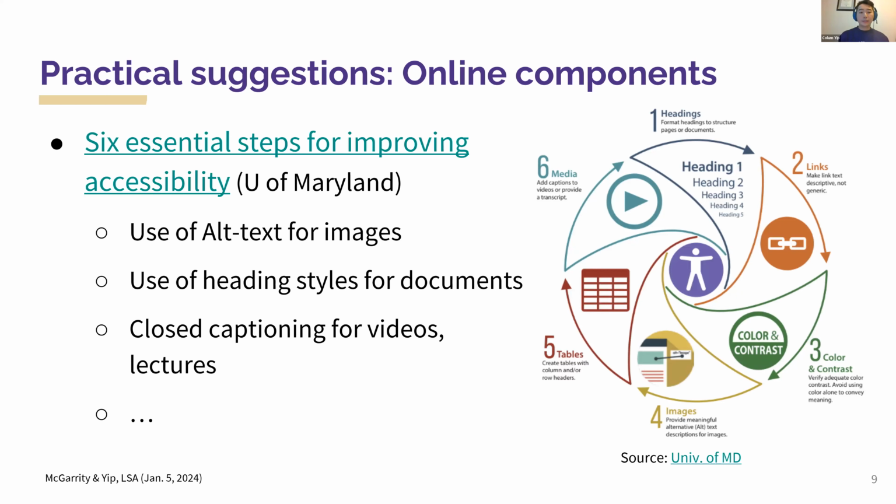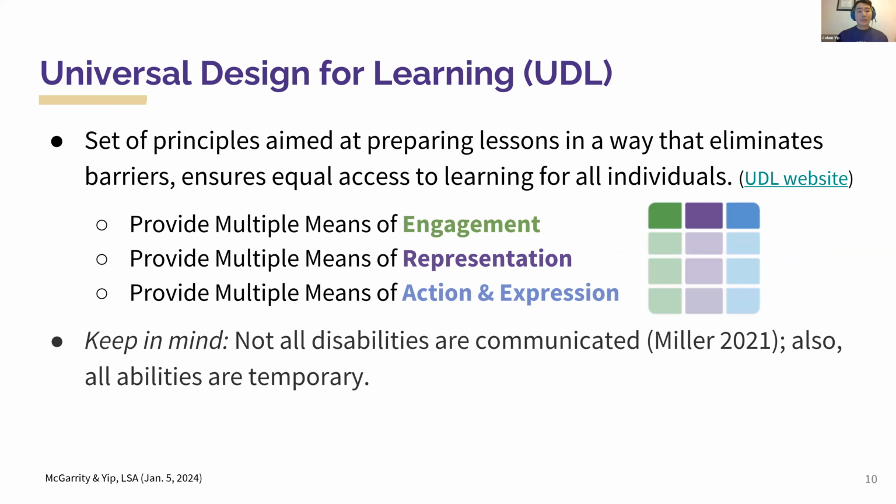Students may use their screen readers to view online contents. When creating an ADA-compliant course, we should also pay attention to how things will be read on the screen reader. We suggest using alt text for images, heading styles for documents, and closed captioning for videos and lectures. These suggestions are in line with the Universal Design for Learning framework, which is a set of principles aimed at preparing lessons in a way that eliminates barriers and ensures equal access to learning for all individuals.